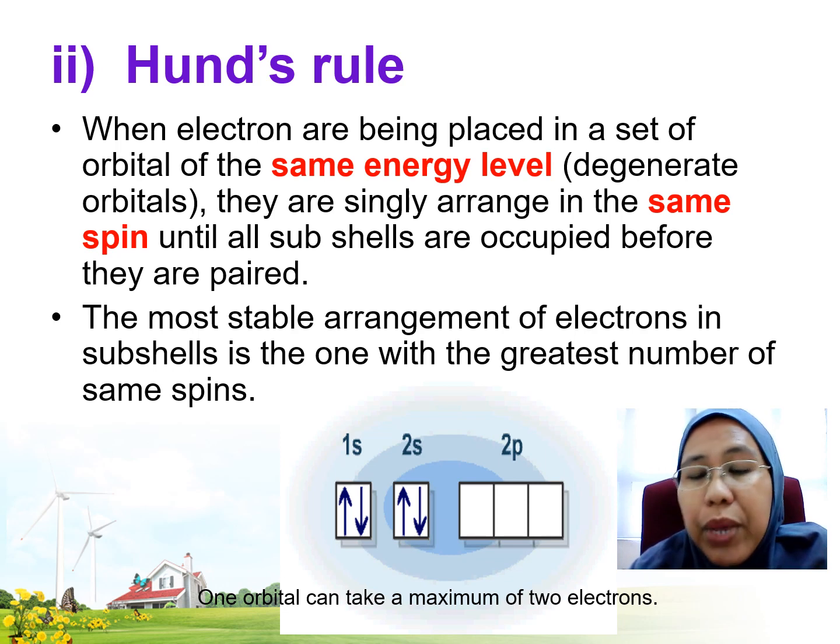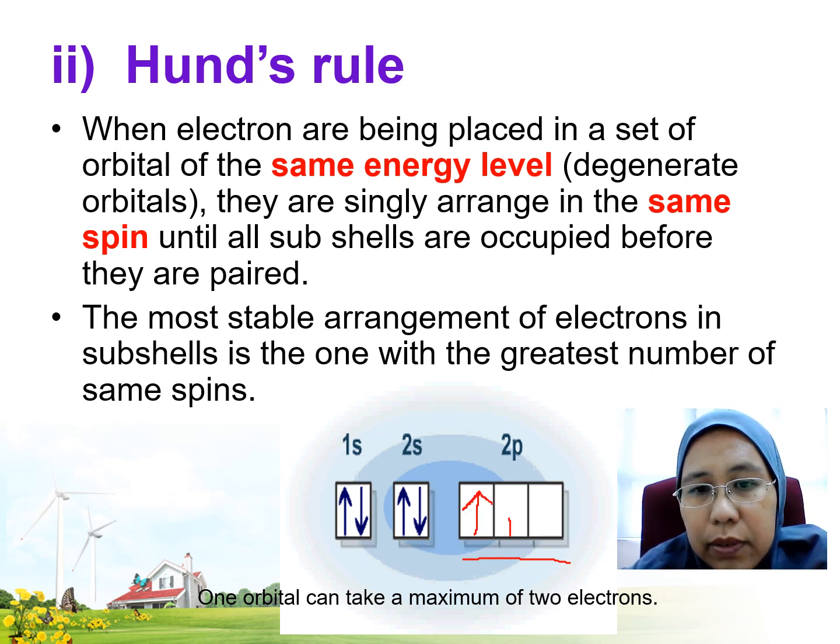For example, when we put electrons in 2p and 3p of titanium just now, they were put singly, arranged in the same spin first. There are three orbitals over here. So we put 1 upwards, 2 upwards, and 3 upward first. Because the most stable arrangement of electrons in a subshell is the one with the greatest number of same spin.